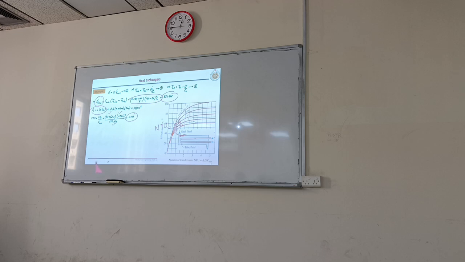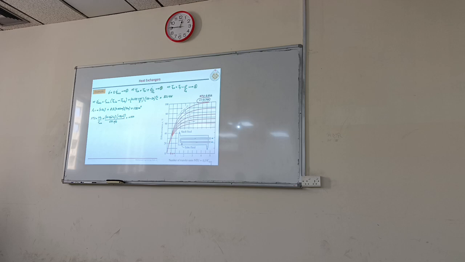Go to the chart. What is this type of heat exchanger? One shell and 8 tube passes, so any multiple of 2. NTU is about 0.854 and small c is 0.76.